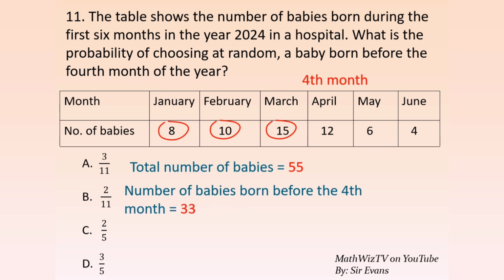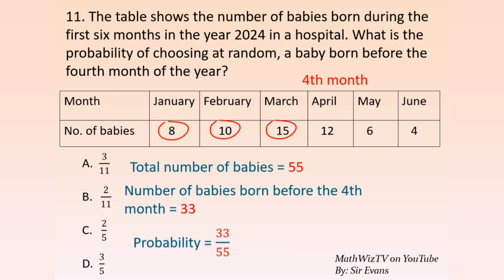Since probability is event over sample space, where our event is the number of babies born before the fourth month, and the sample space is the total number of babies, we just find the ratio.